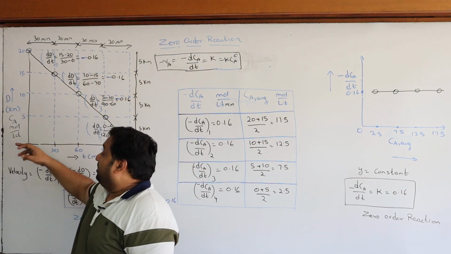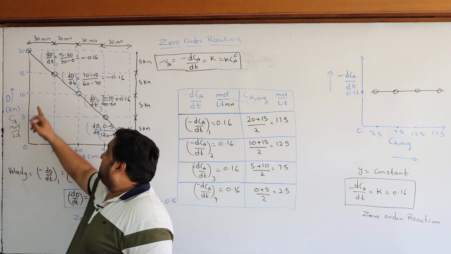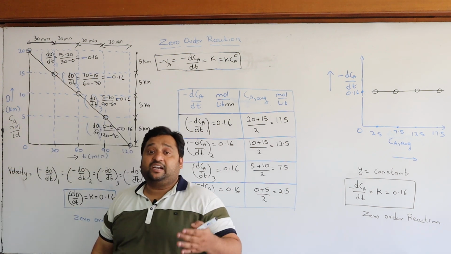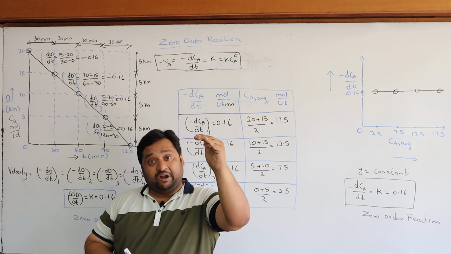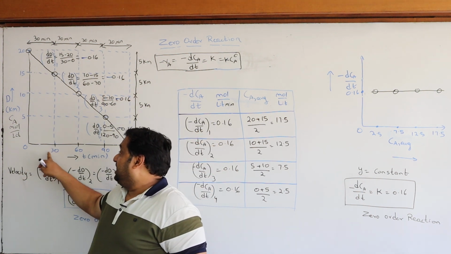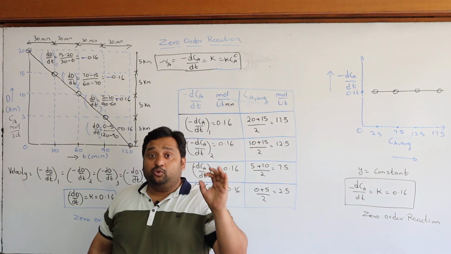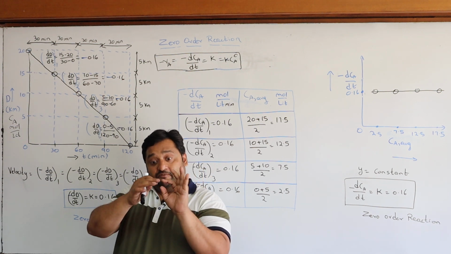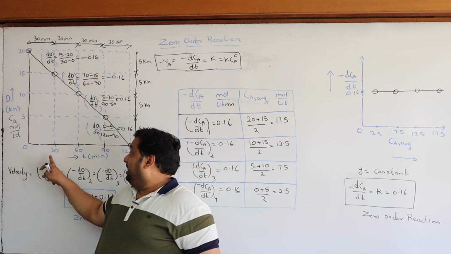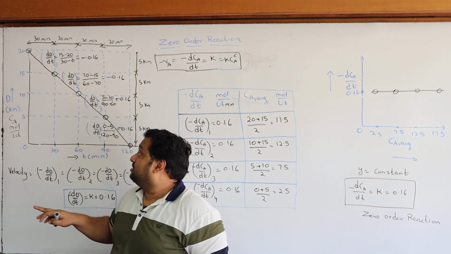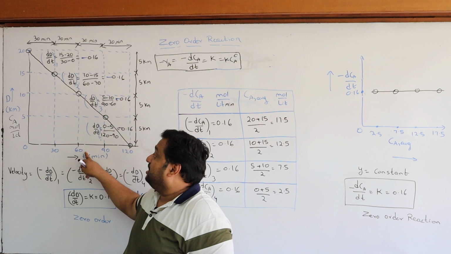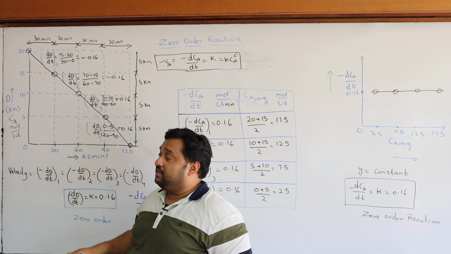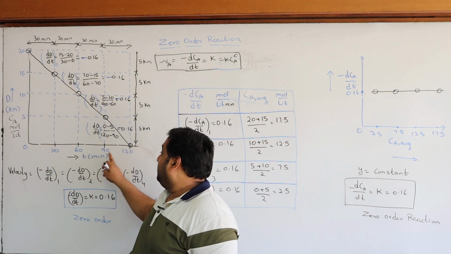For the reactant A concentration to go from 20 to 15, the reaction has taken 30 minutes. To reach the concentration of A from 15 to 10, again it has taken 30 minutes. From 10 to 5, again the reaction has taken 30 minutes. And from 5 to 0 mole per liter, again it has taken 30 minutes.